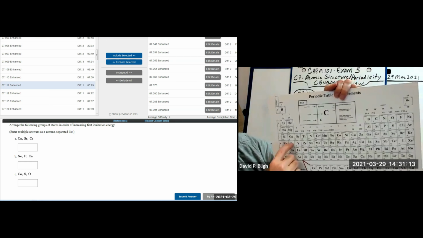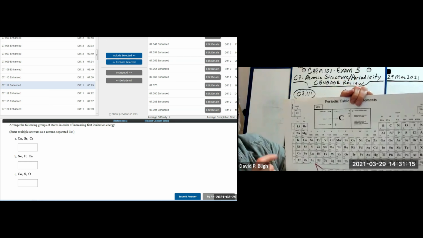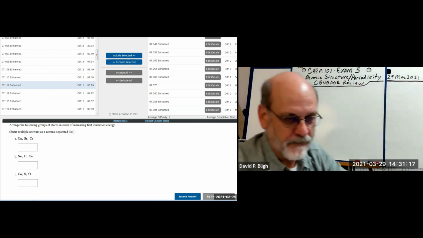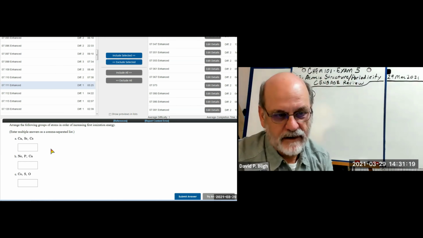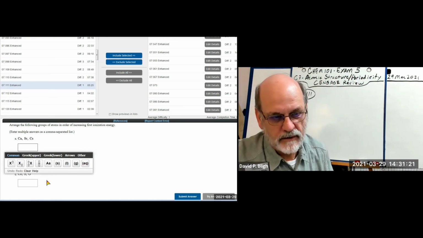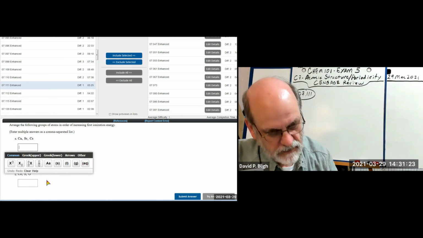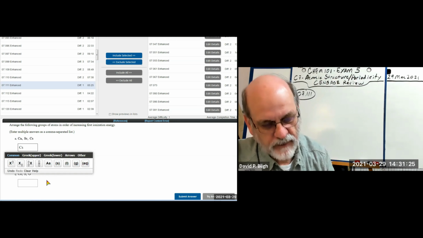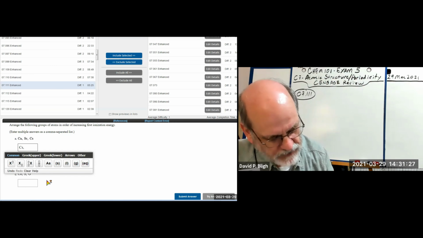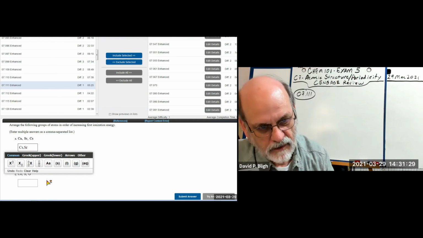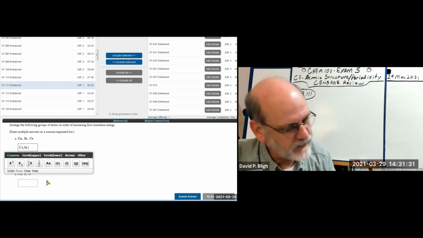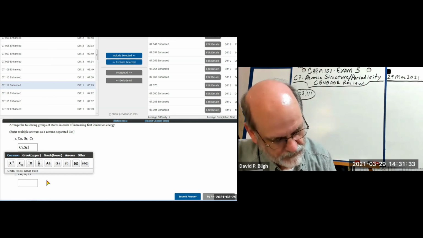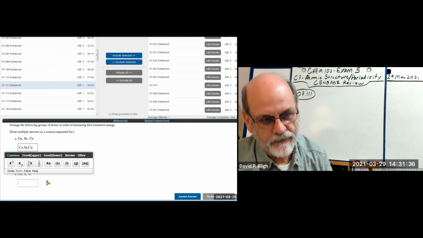So cesium to strontium to calcium should be the order. And they want us to put those in order. Cesium, separated by commas, strontium, and calcium. Okay.